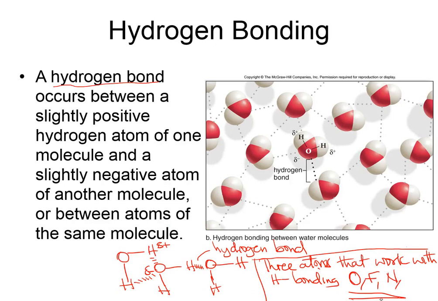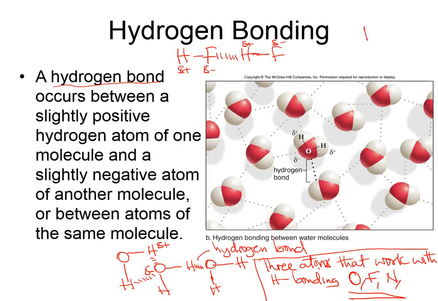So let me show you what I mean. If you have HF and then you have another HF, so this is a covalent bond, another covalent bond, but this hydrogen is slightly positive. This F is slightly negative. This hydrogen slightly positive, this F slightly negative. So you form a hydrogen bond here because it is one of these 3: oxygen, fluorine, and nitrogen.